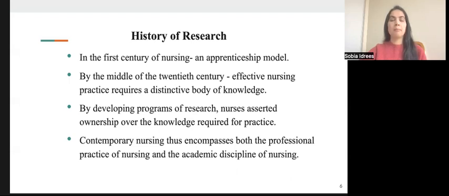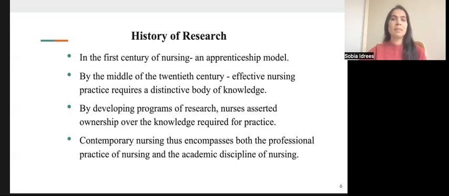But by the middle of the 20th century, it became very clear that effective nursing practice required a distinctive body of knowledge. Nursing interventions had gradually become independent of the physician's orders, and nursing required integrated knowledge of the physiological, psychological, and social dimensions of the patient.